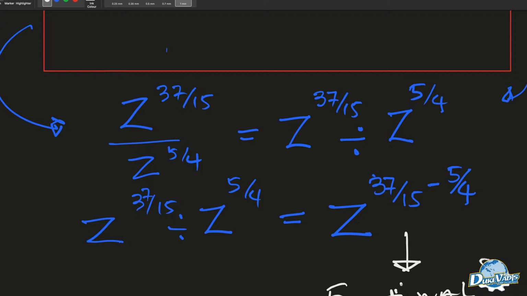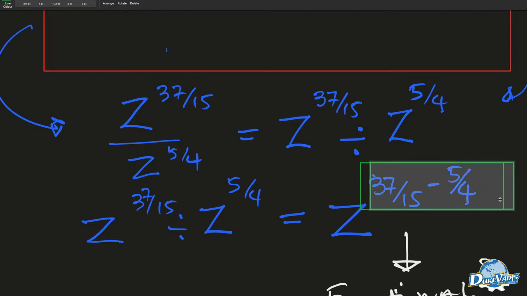So now we can see that our expression right now is a fraction. Let us highlight our fraction. You see, this is the fraction we're talking about, friends, that we have to solve: 37 over 15 minus 5 over 4.